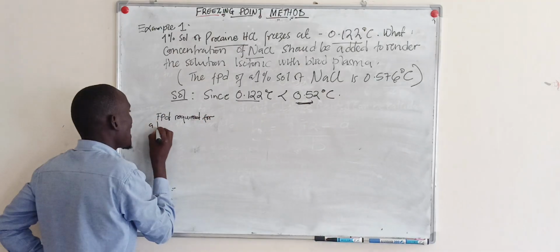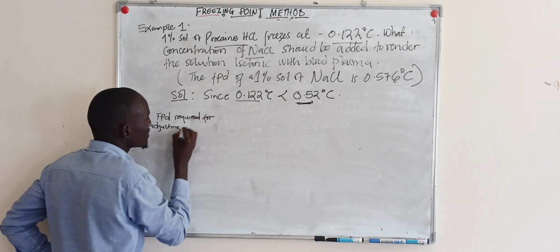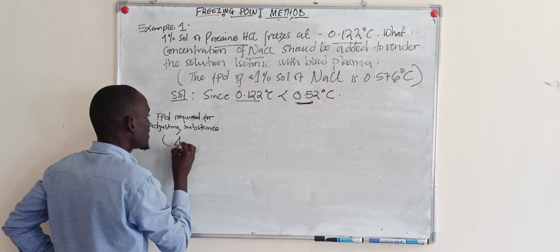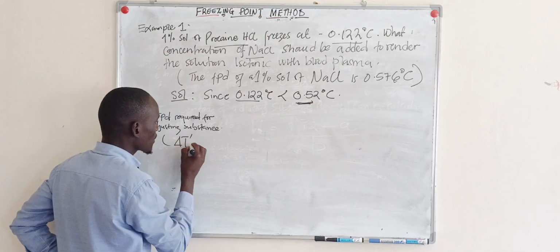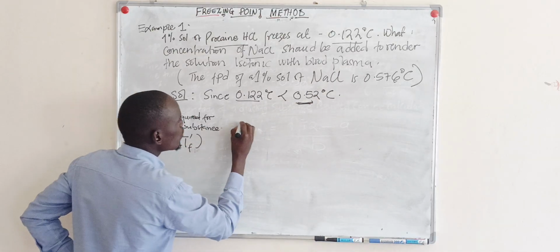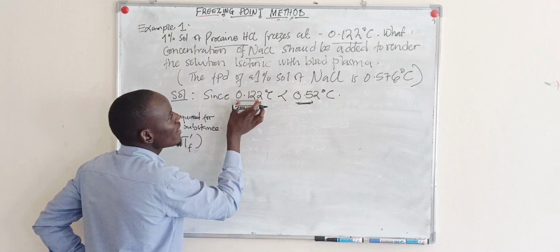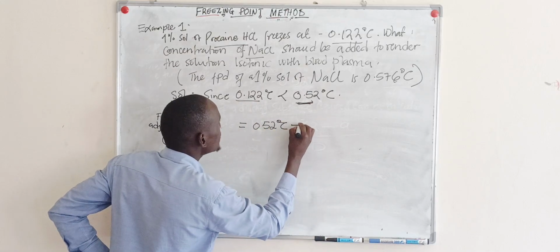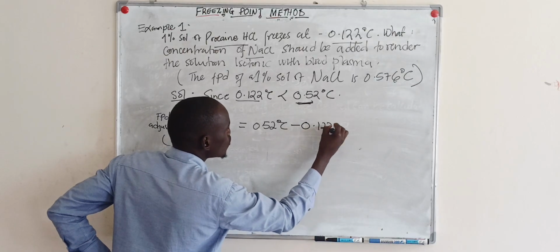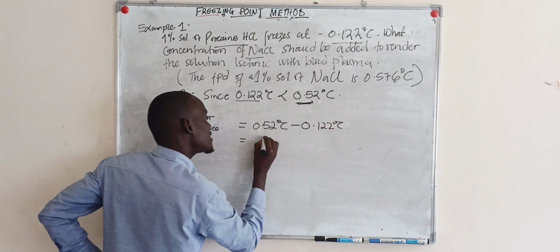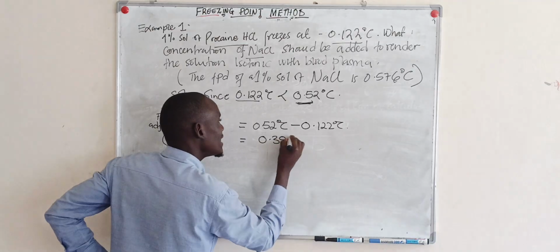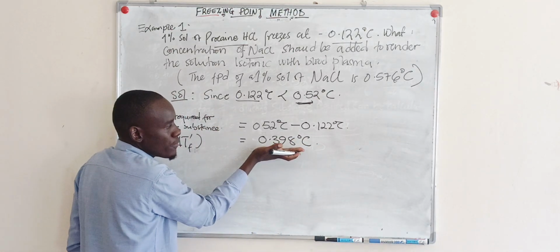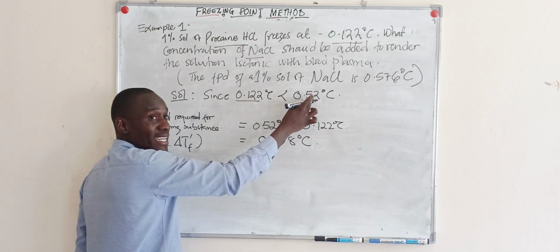So the freezing point depression required for the adjusting substance, which in this case is dT prime 1, will be equal to the difference between 0.52 degrees C, which is the standard freezing point depression, minus 0.122 degrees C. When you subtract this, you get 0.398 degrees C. It means that when we add this freezing point depression onto the 0.122, we get 0.52.